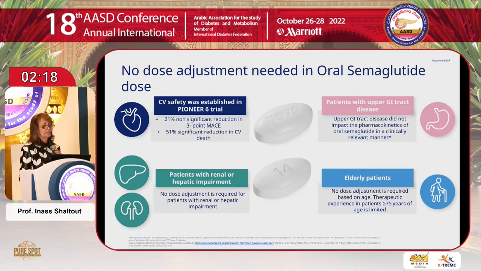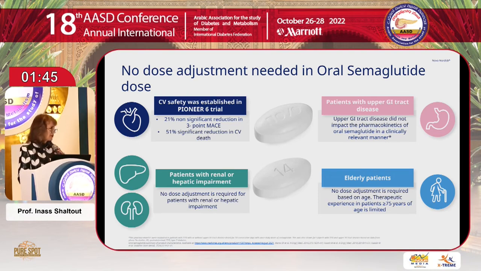No dose adjustment is needed in oral semaglutide. In cardiac patients, it was safe. And in patients with renal or hepatic impairment, no dose adjustment is required. In patients with upper GIT disease, titrating the dose from 3 milligram to 7 milligram to 14 milligram was quite comfortable to the patients.